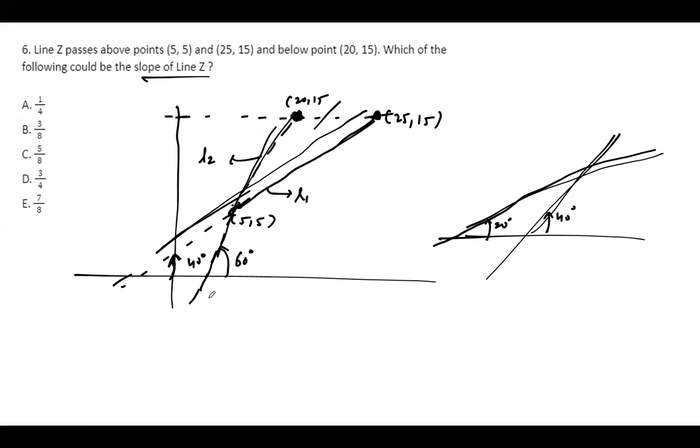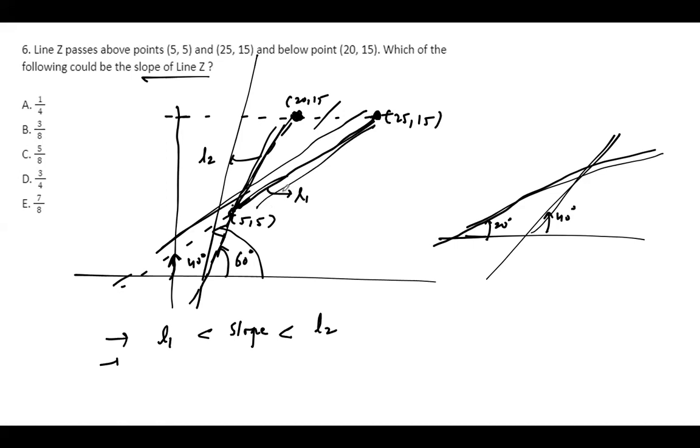If the slope is, let's say, 70 degrees, then the line would be something like this, so it may not pass below this point. That means the slope of the line we are talking about should be greater than the slope of L1 and lesser than the slope of L2.